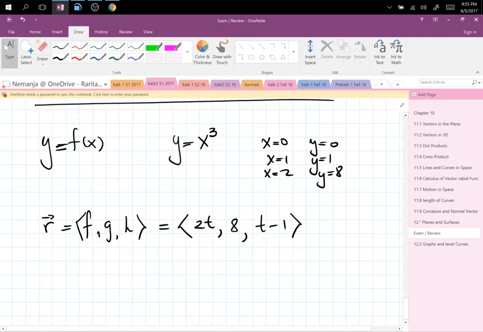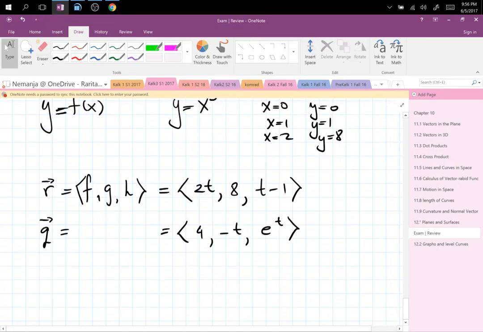And then you have another vector valued function. What does it mean, the cross product between them? So let's say I have another function q that is given as 4, negative t, and e to the t. Observe that all of this is dependent on t.